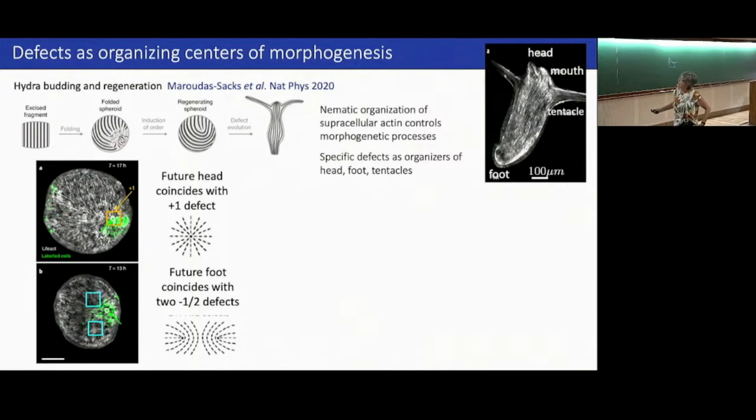What she noted is that the future head coincides with a +1 defect, and the future foot coincides with 2 +1/2 defects face to face with each other. And notice defects sort of repel like topological charges, so there has to be some process that forces them to be in this configuration.